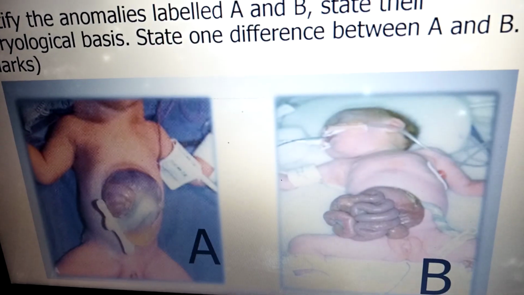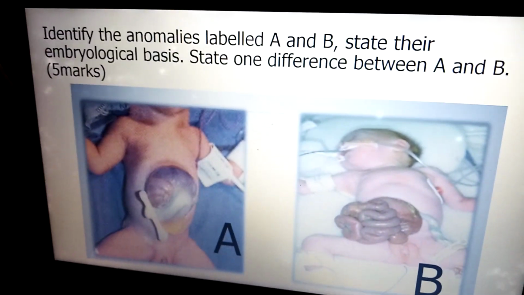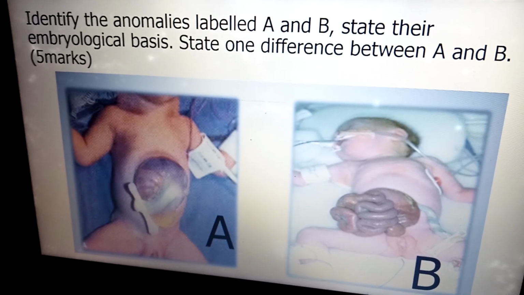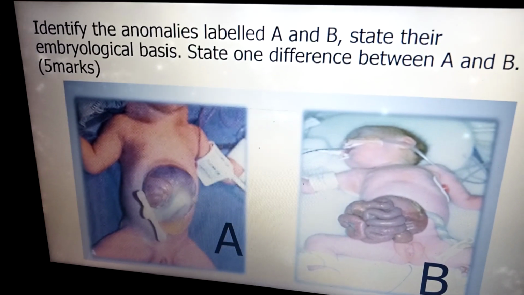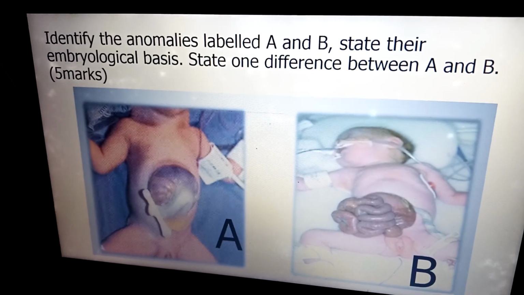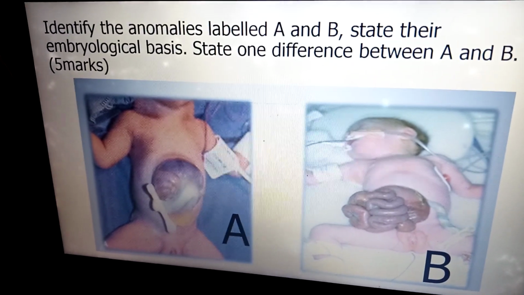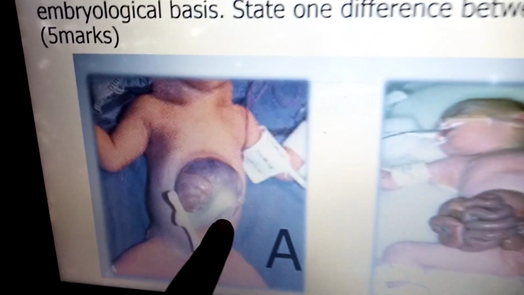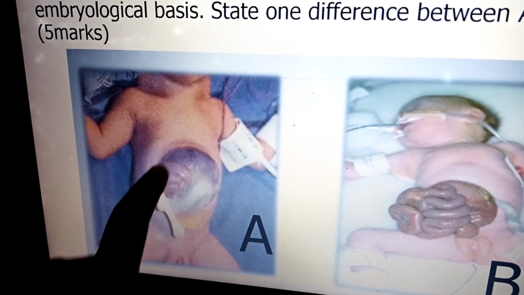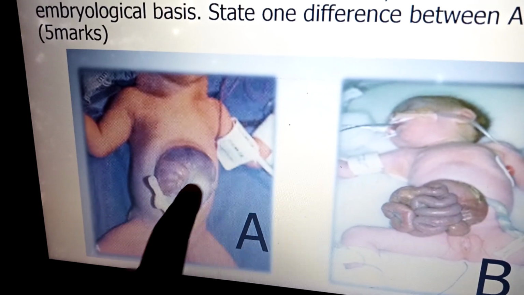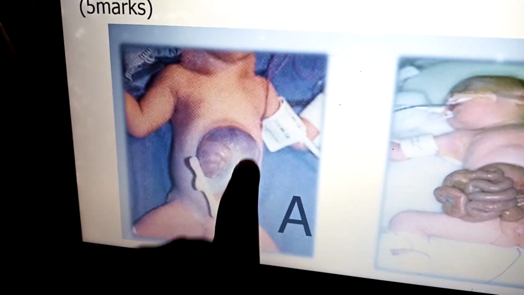Okay. So this is a picture showing you embryological anatomy. So basically what you have are congenital anomalies or defects of the anterior abdominal wall. So part labeled A, you can see this anomaly is centered. You can see the cord there, and amniotic membrane.